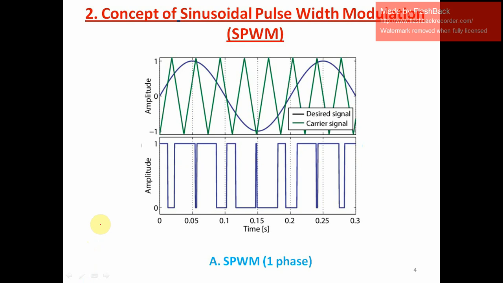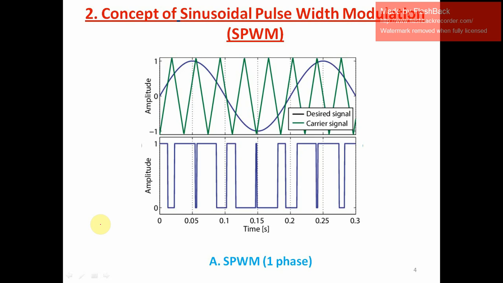And what is the use of having pulses of different widths? They ultimately affect the harmonic content of the output voltage waveform and current waveform, be it line voltage or phase voltage.